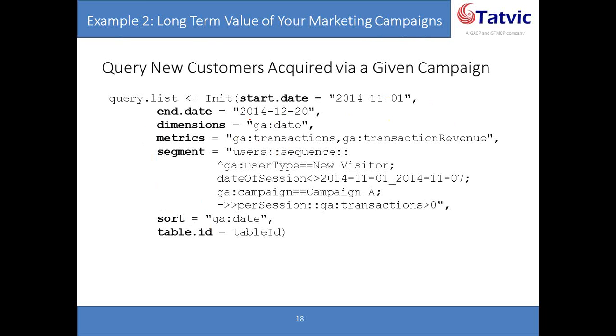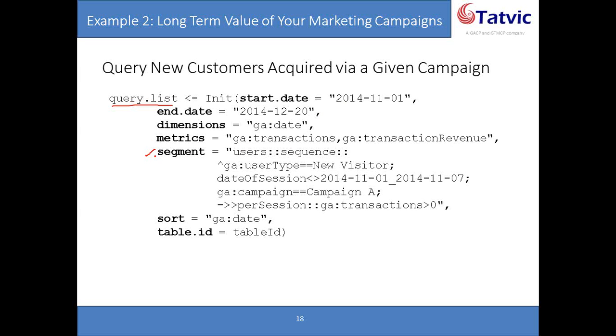So let me quickly go to how you would extract the data to measure the long-term value of your marketing campaign. This is a query list that I would use in our Google Analytics to query the same data based on start date, end date, dimension, metrics, and segment.